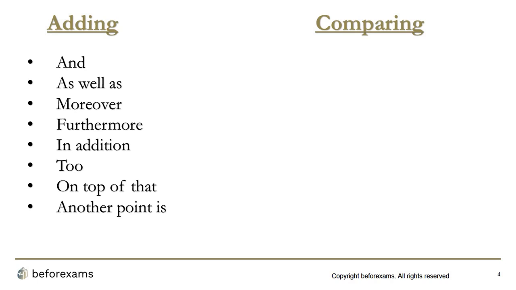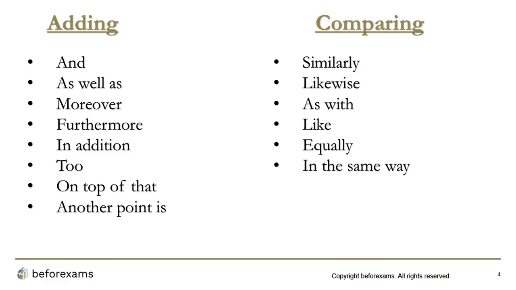The commonly used adding connectors are and, as well as, moreover, furthermore, in addition to, on top of that. You have to do your research, and then make two sentences out of each connector. Then come the comparing connectors.